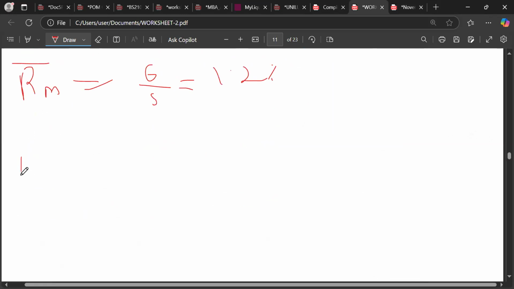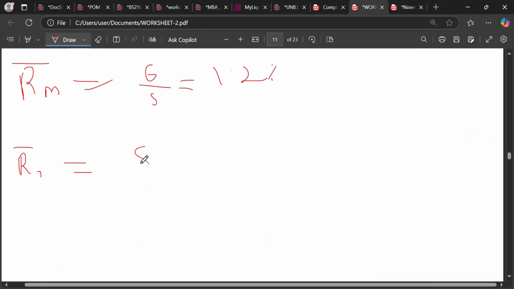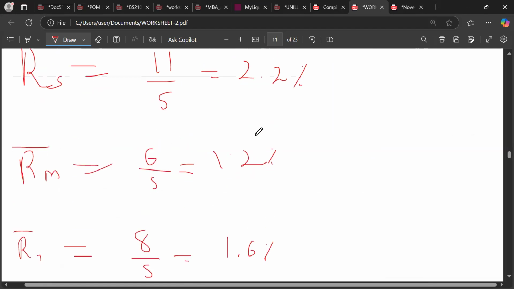Now, the average true return, RT bar: we add everything here again, so 6 plus 11 minus 7 minus 12 plus 10. It's giving us 8, and 8 over 5 gives 1.6% as the average return. How is this obtained so far? Are we all comfortable here?